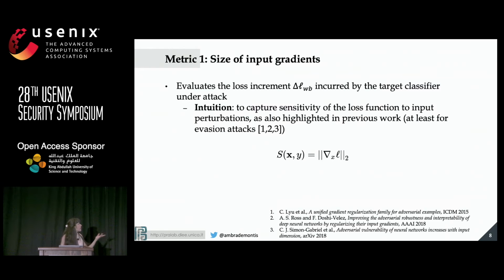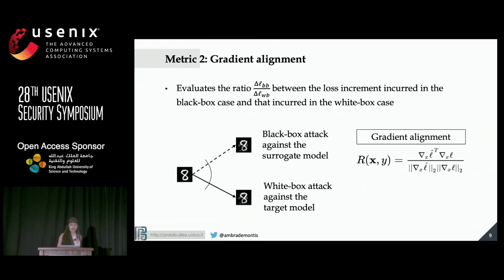Let's start from the size of the input gradient. It basically evaluates how much the loss increases on the target classifier under the attack. So it gives you a measure of the vulnerability of the target classifier. The intuition behind this metric is that it captures the sensitivity of the loss function to input perturbation. The second metric is the gradient alignment.